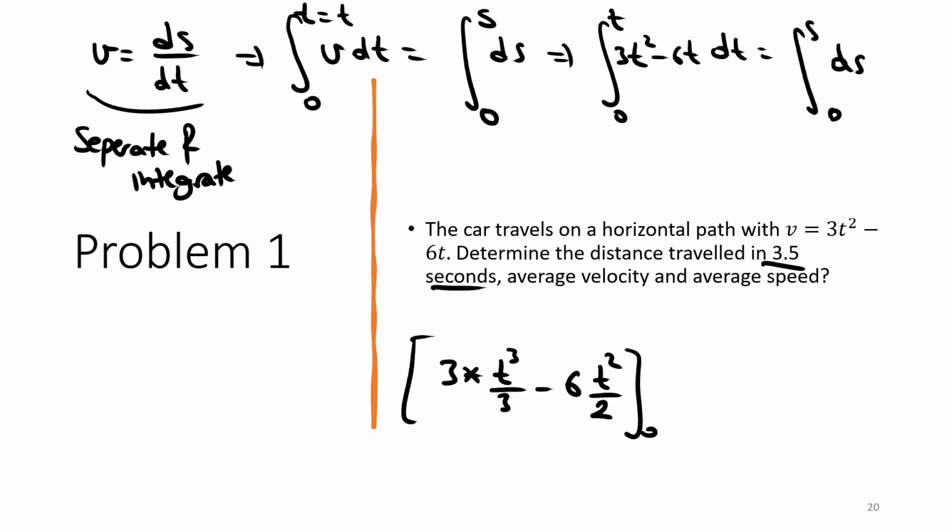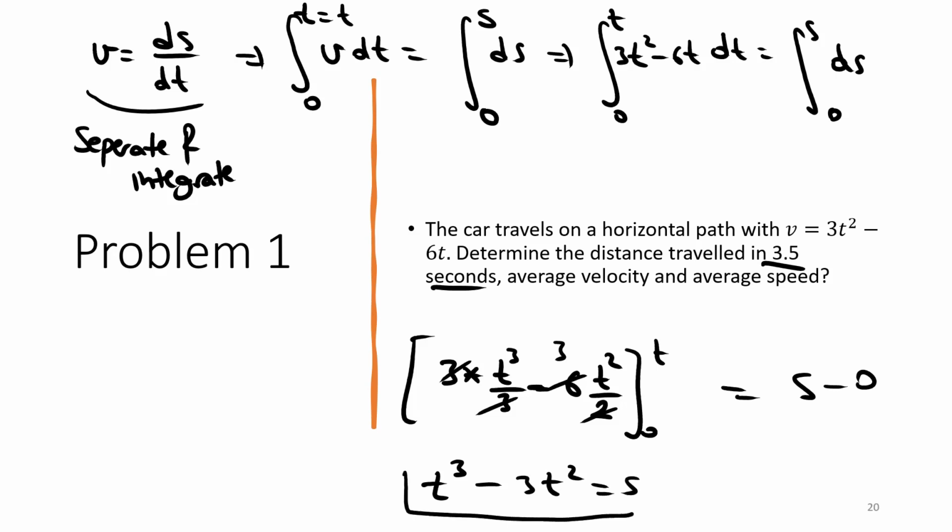This is evaluated from 0 to t, and that will be equal to s minus 0. So the 3s cancel out, and it will be t to the power of 3 minus 3t squared, and that's s. This is the change of position with respect to time.